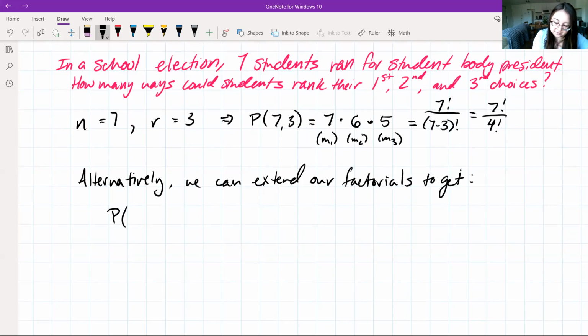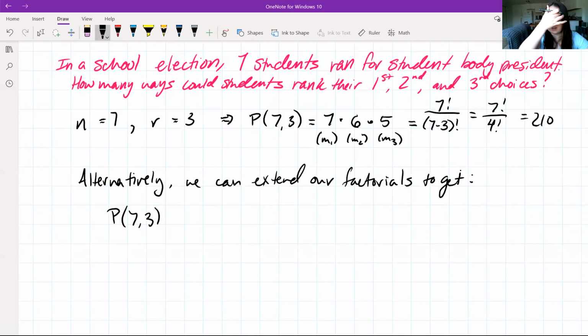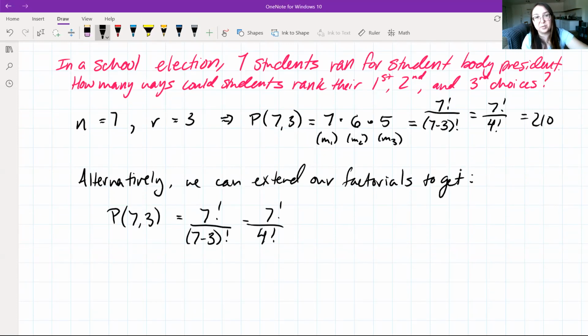So, starting with what we just had, we know this was 210. We have our permutation of 7 elements taken 3 at a time. We know this is 7 factorial divided by 7 minus 3 factorial, which simplifies to 7 factorial divided by 4 factorial. So now what we want to do is extend our factorials.